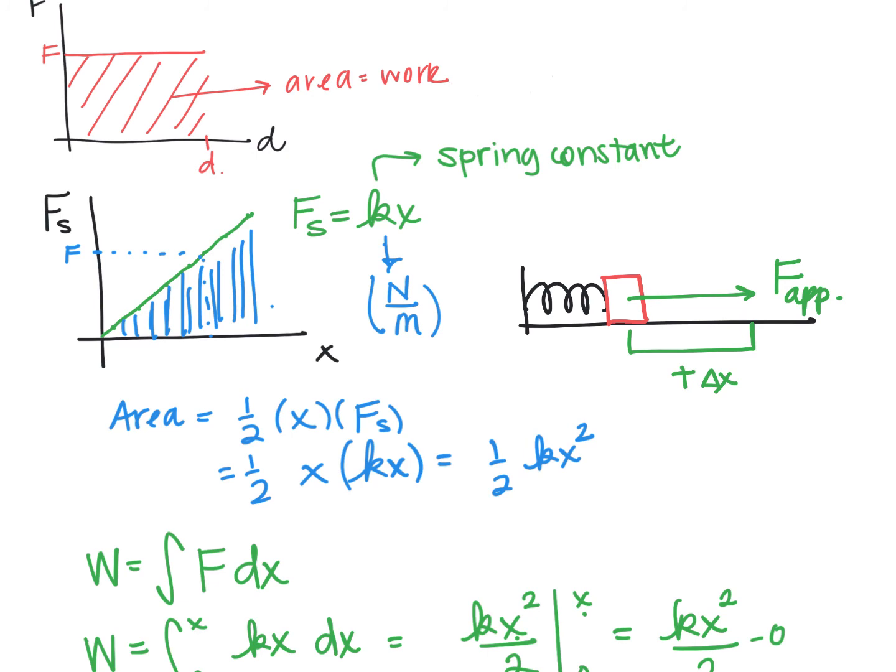But the spring the whole time is opposing us. As we pull, that spring force is going to increase and increase and increase, like we see here in the graph. And that spring force will oppose. So the work done by the spring is actually negative while we expand the spring.